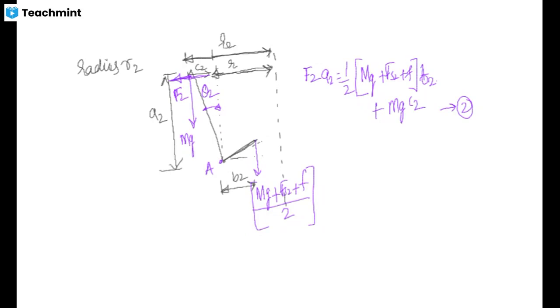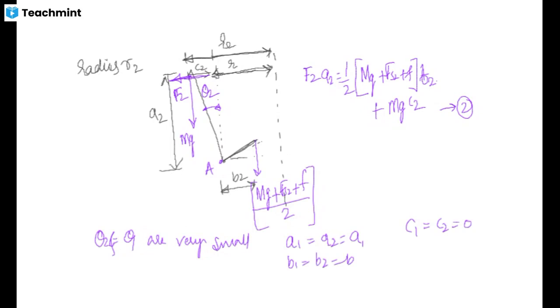In the working range of the governor, if theta 2 and theta 1 are very small, then the distance A1 equals A2 equals A. Similarly, distance B1 equals B2 equals B, and distance C1 equals C2 equals 0.